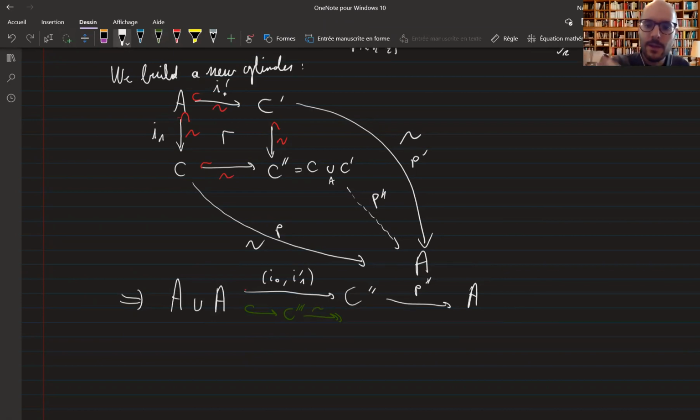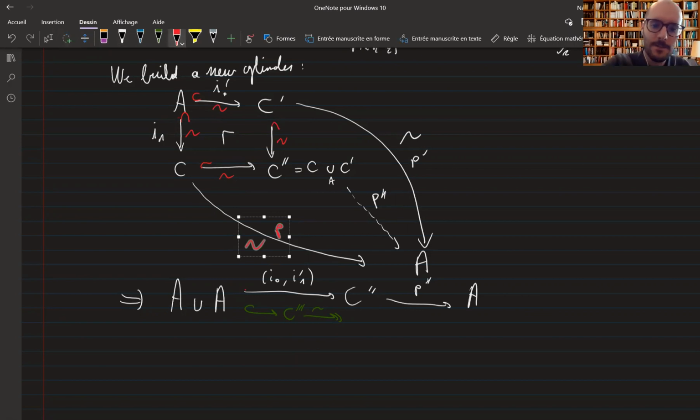And so the only thing left to check is that p second is acyclic. But to show this, you just use, for example, this triangle here. This is a weak equivalence, for which we needed the cofibrant here. This is a weak equivalence by definition of the cylinder.